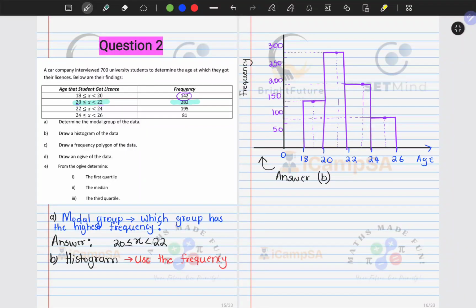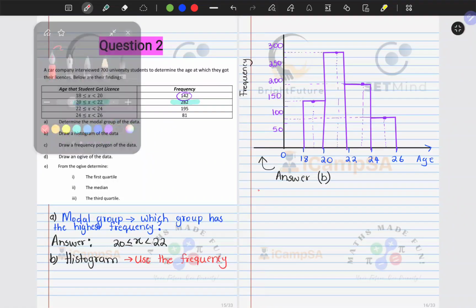So that becomes our answer for question B. Okay. Then they are saying we should draw the frequency polygon of the data. So all what they are saying here, remember we're looking at the center values. So for the polygon, let's copy this.